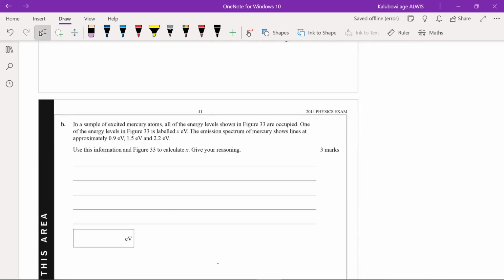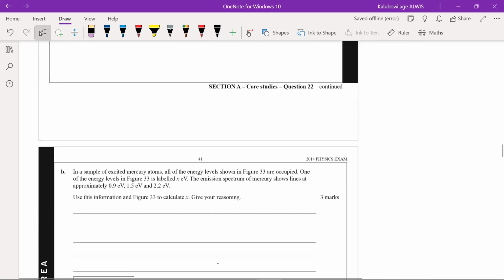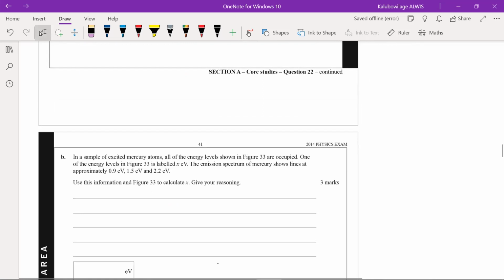In a sample of excited mercury atoms, all of the energy levels shown in the figure are occupied. Find X electron volts in the emission spectrum: 0.9, 1.5, 2.2. I just use trial and error for this.